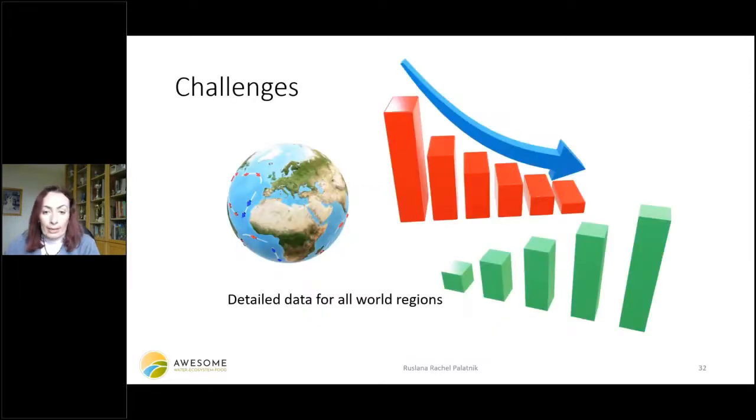But the challenge is the data. As I described before, we need very detailed data in monetary terms for all sectors and all world regions.